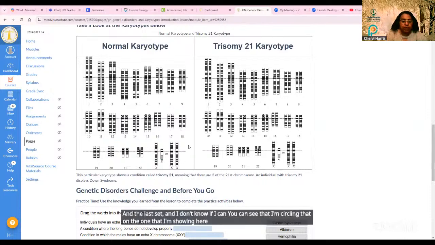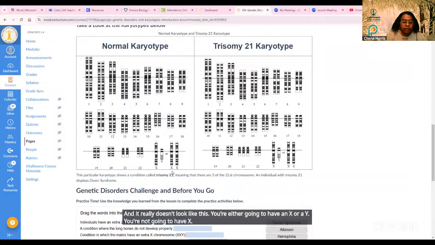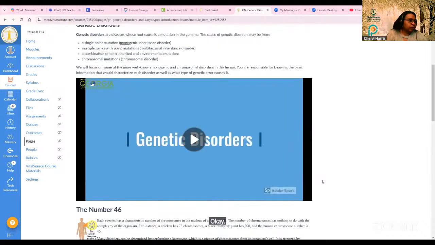They had two on here, and it really doesn't look like this. You're either going to have an X or a Y. You're not going to have XY, and XX will not be in a normal carrier. Notice it says one or the other. On the other side, you have one or the other. Okay, so that's one thing you need to remember.